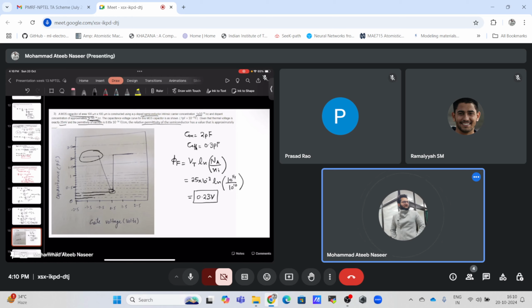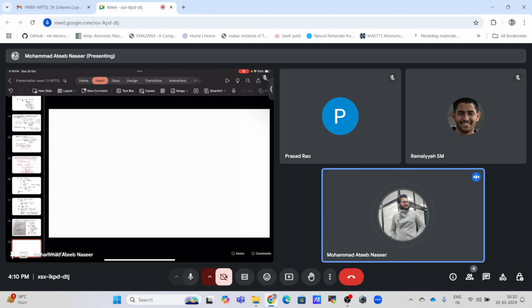Now the effective capacitance is simply 1 by C ox plus 1 by C depletion. So 1 by C ox is simply 1 by 2 picofarad, plus 1 by C dep.